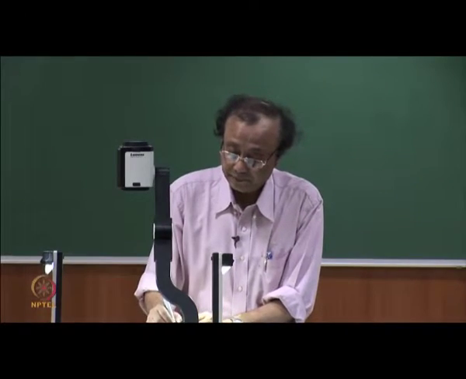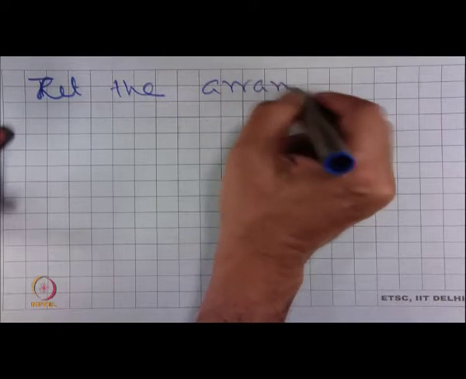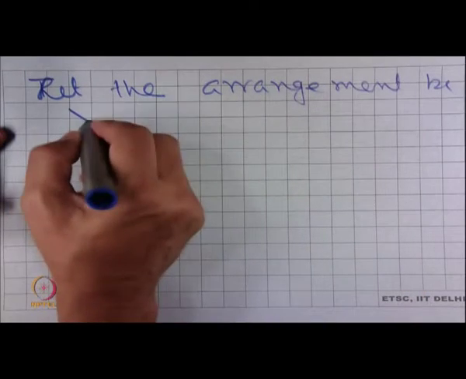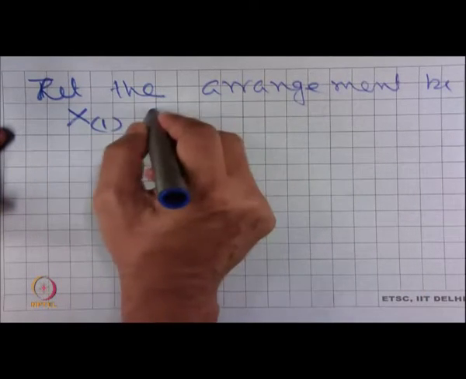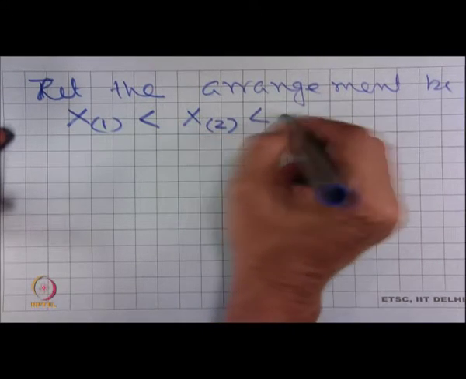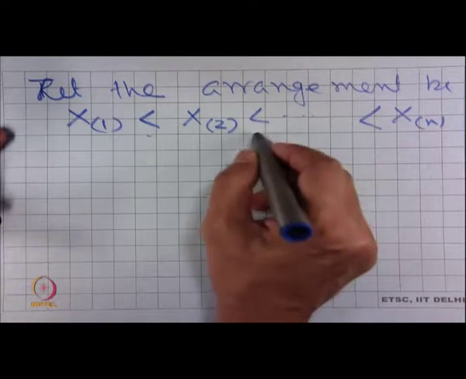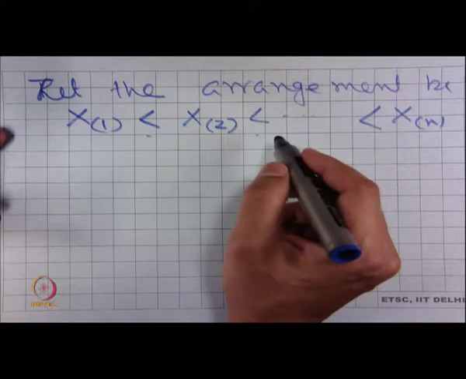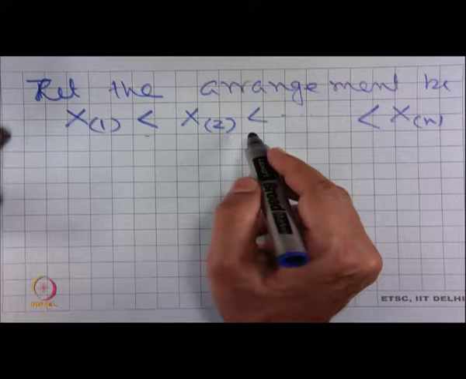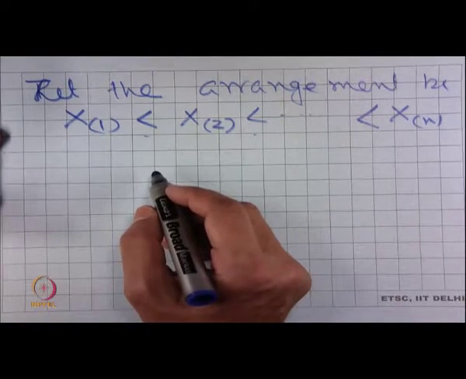Let the arrangement be x subscript bracket 1 less than x bracket 2 and so on up to x bracket n. I am using strictly less than, because we assume that two sample values cannot be equal, that probability is 0. Therefore, we can get a relative order of the sample.